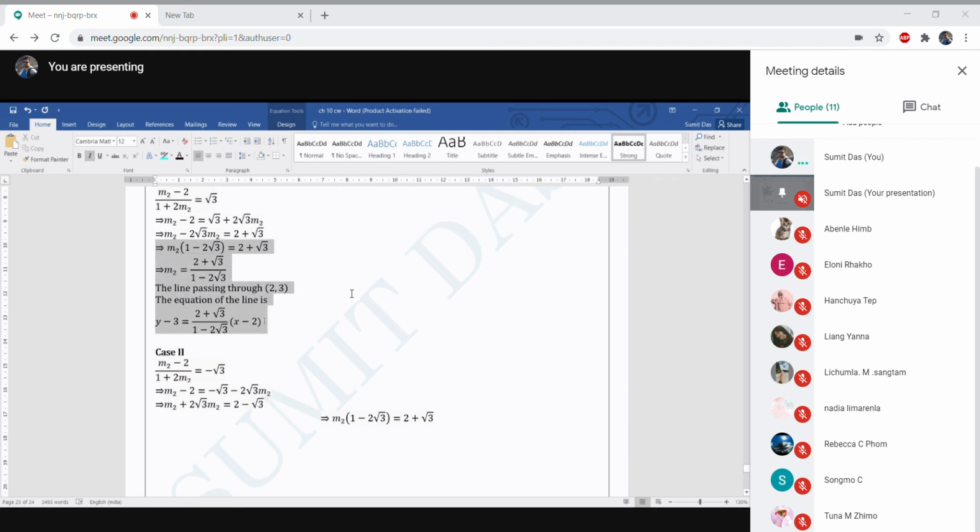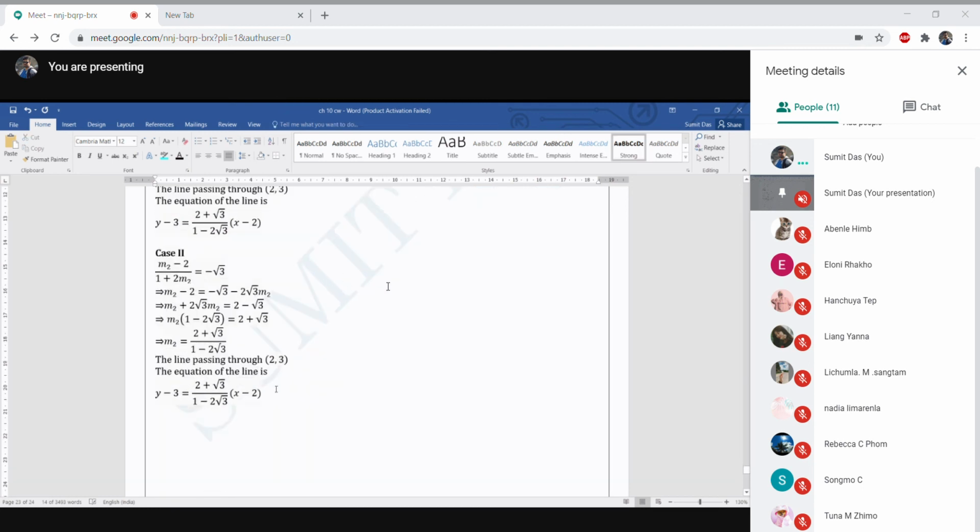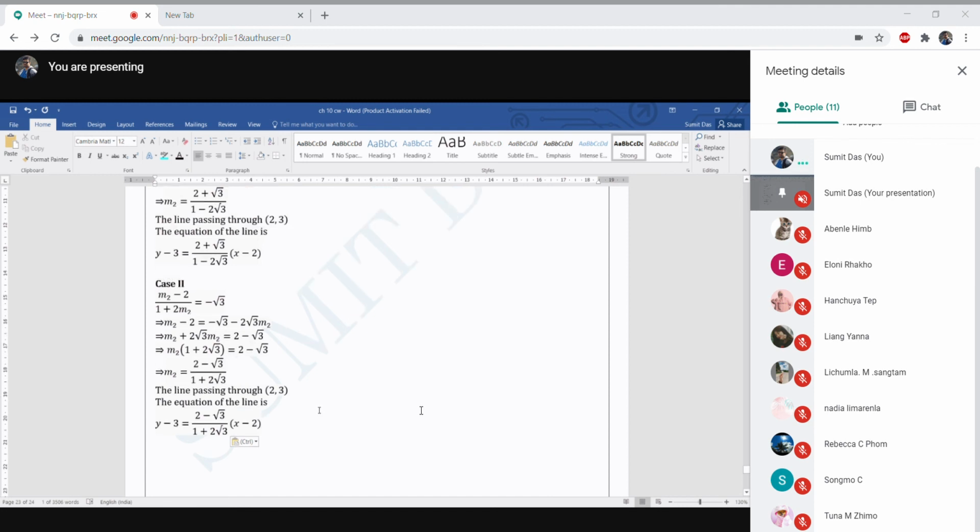All will be the same, only the sign changes. So it will be 2 minus root 3 divided by 1 plus 2 root 3. Passing through 2 comma 3, same thing. Now we just replace this one. So these are our two equations. Okay, that is our answer.